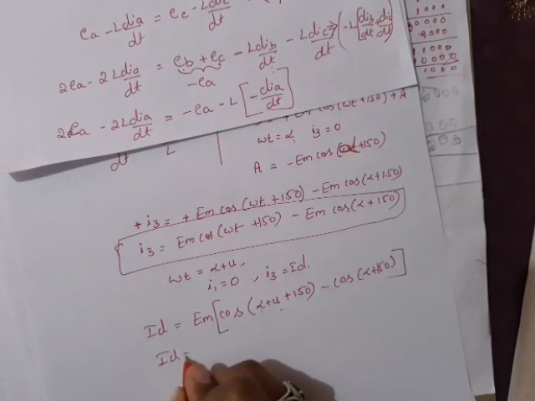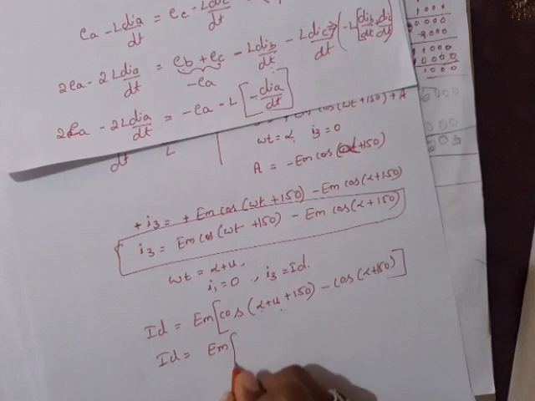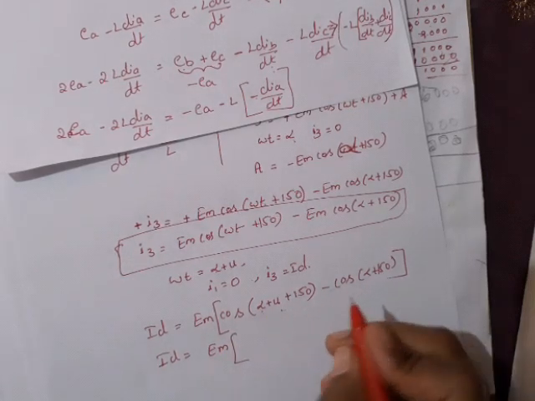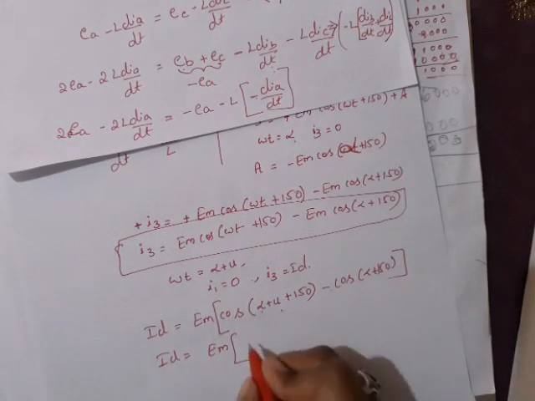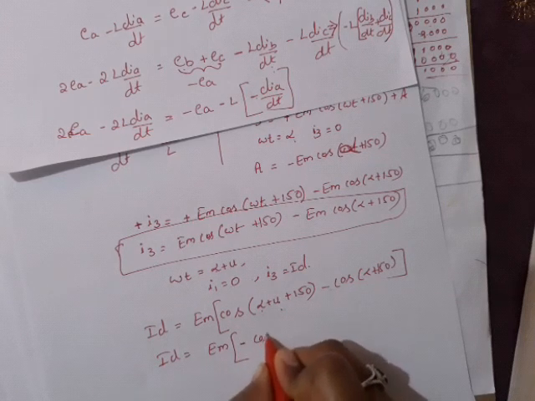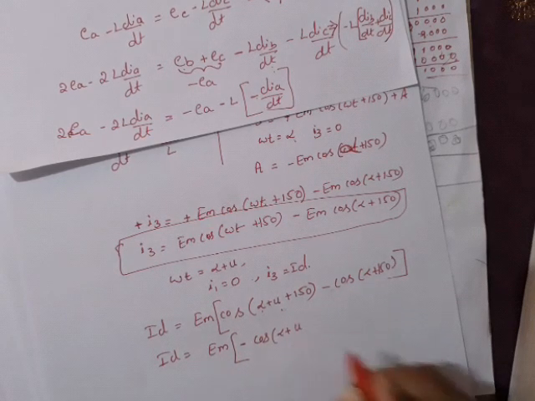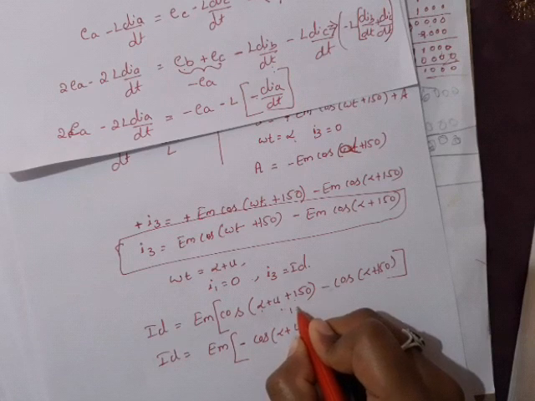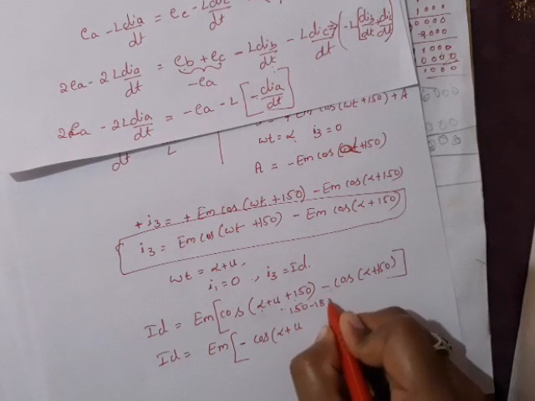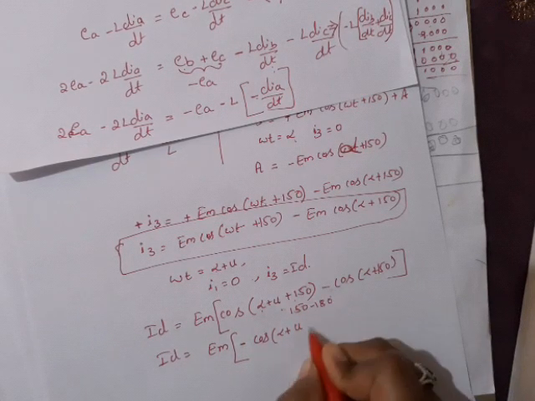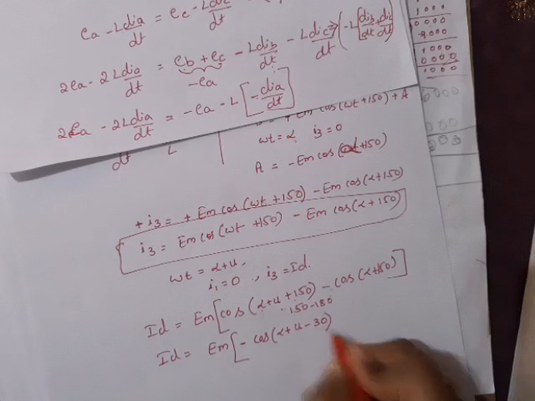So ID is equal to Em cos 180. If you are subtracting 180, this will become minus. Minus cos of alpha plus u plus 150 minus 180. The remaining thing is minus 30.